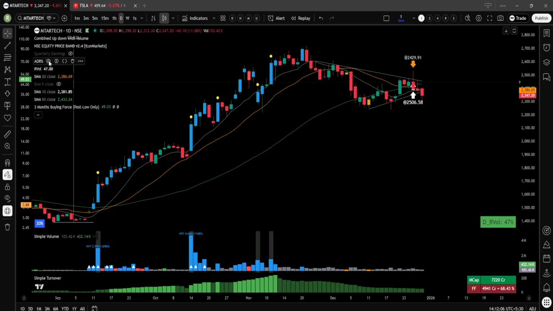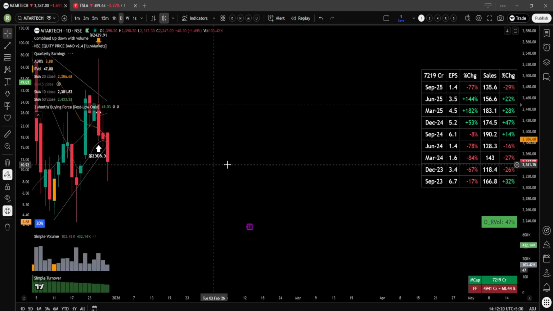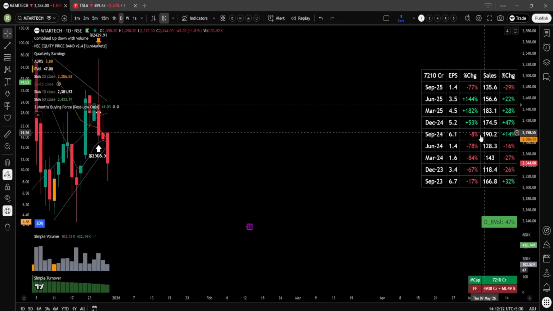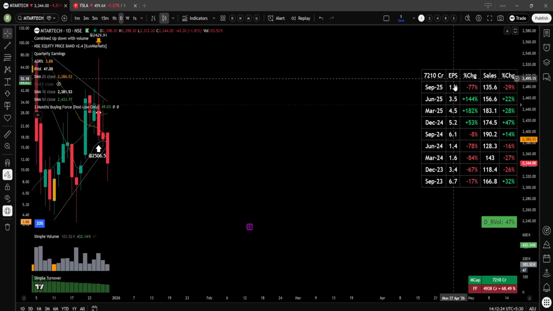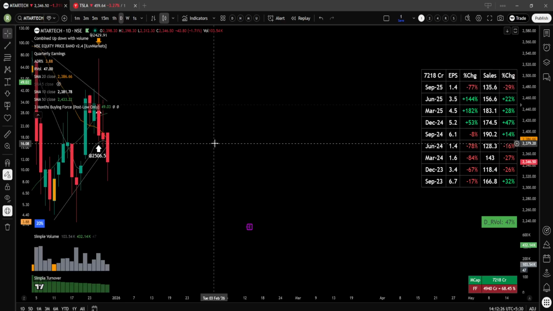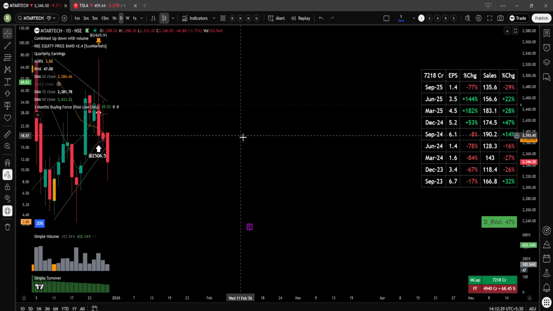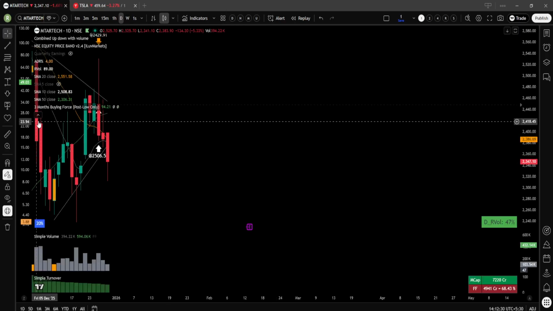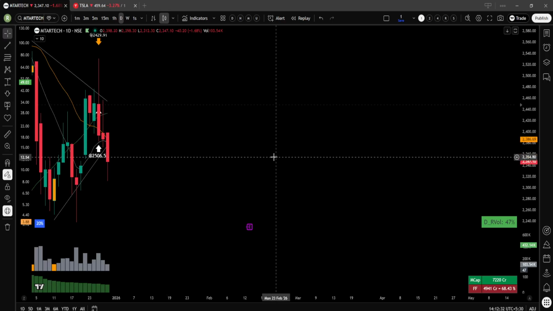Also the price band: here 20% is the upper and lower circuit limit for the stock. And I also follow quarterly earnings, mainly EPS growth and sales growth. Okay, so these are all the indicators I use. Now let's talk about my recent trades.